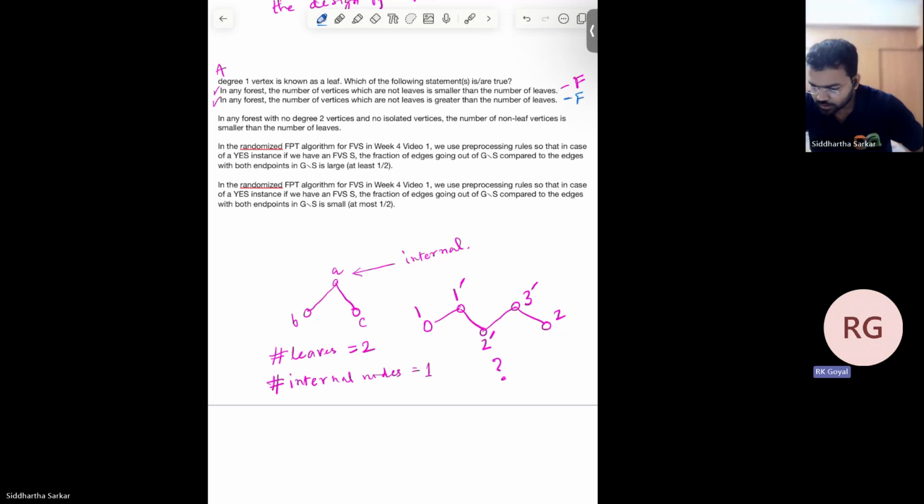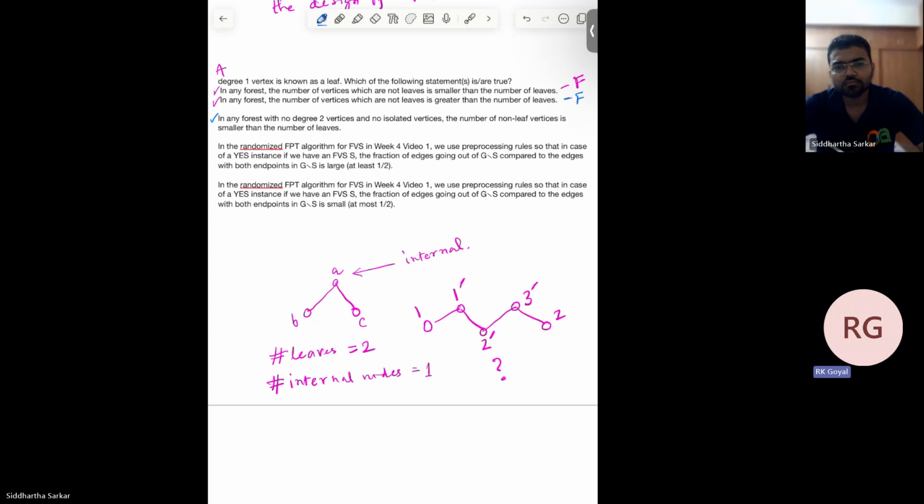Third option is: in any forest with no degree two vertices and no isolated vertices, the number of non-leaves vertices is smaller than the number of the leaves. So this time we do not have vertices of the degree 2.